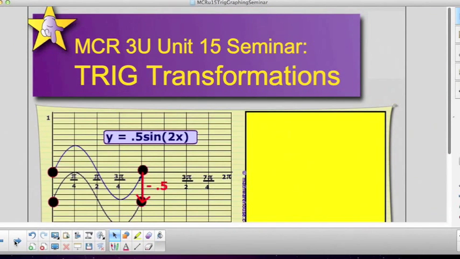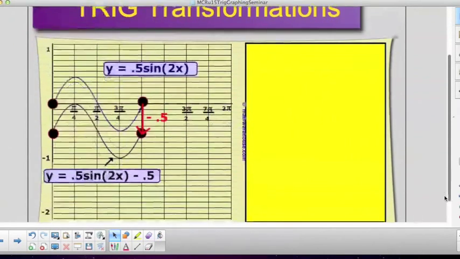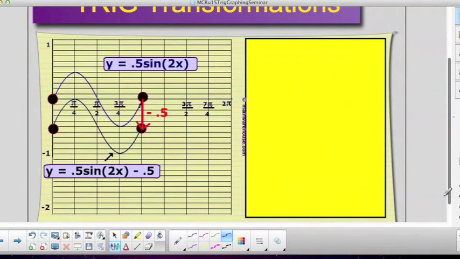For this particular graph, I have a vertical compression by 0.5. So my x-coordinates have to be divided by 2 because I have a horizontal compression there. And my y-coordinates get multiplied by 1/2. And there's no vertical shift for that particular one.